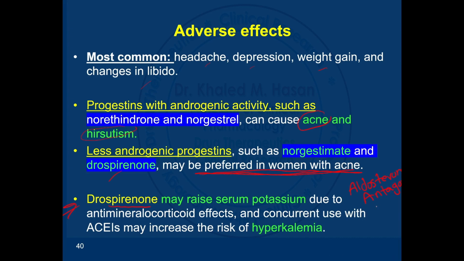With an aldosterone antagonist, the situation will be hyperkalemia, which means increased level of blood potassium. Concurrent use with an ACE inhibitor may increase the risk of hyperkalemia.